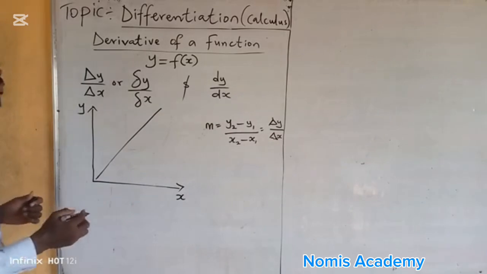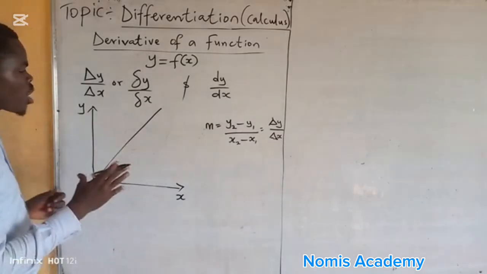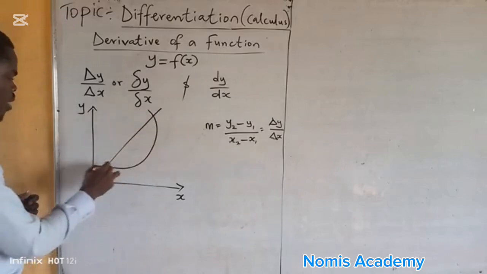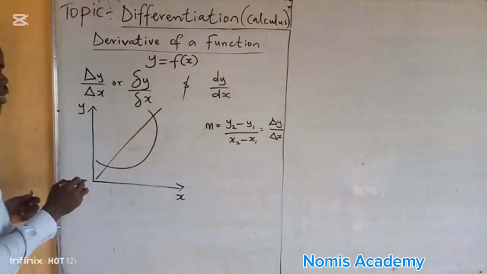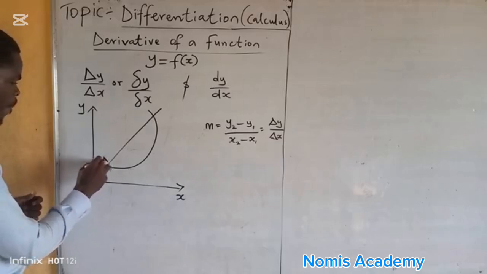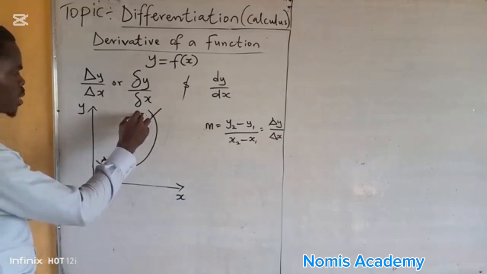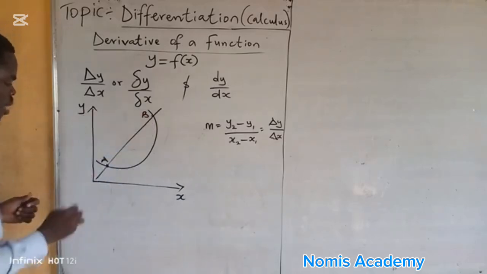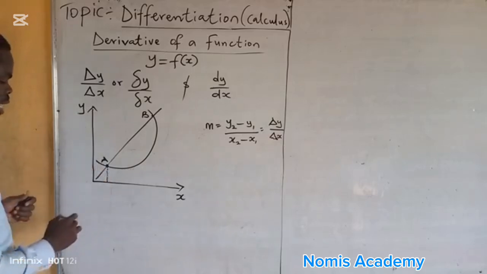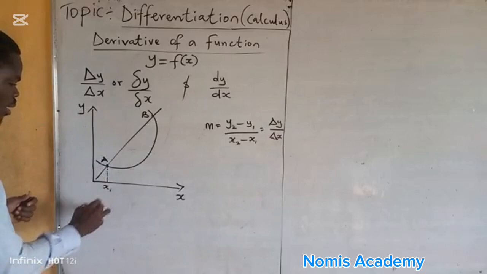Now when we have a curve that cuts this line on 2 points, we have this. The curve cuts the line on 2 points, point A and point B. At this point, we trace it to the x-axis. We have x1.